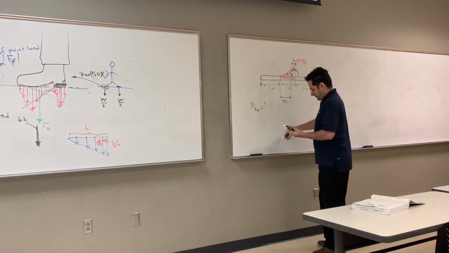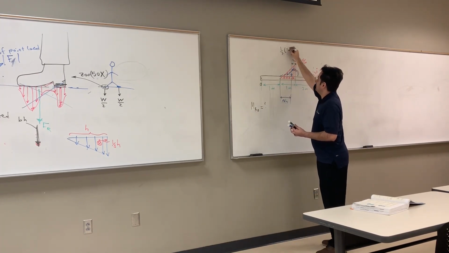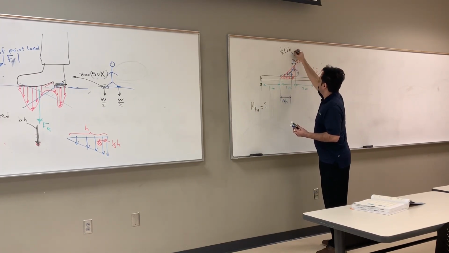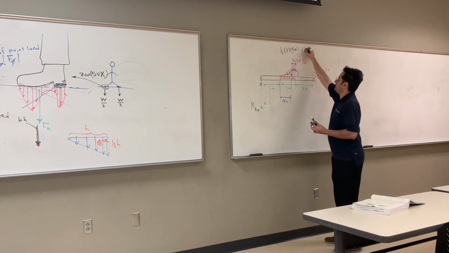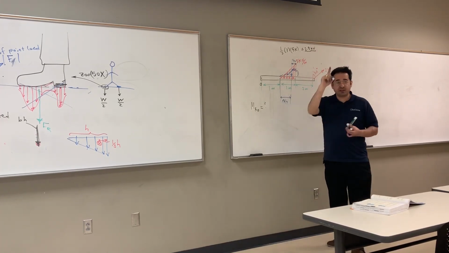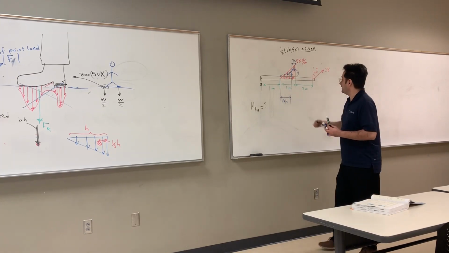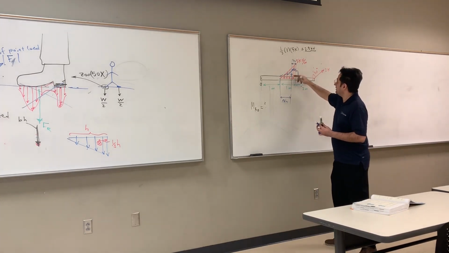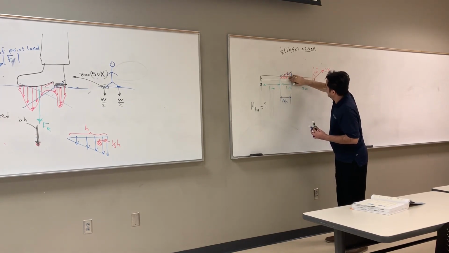Half of base times height, half of 5, 2.5 kilonewton. So this is the value of the single load that we want to replace it with. So where should I put it? Here. So I get rid of this. You see?